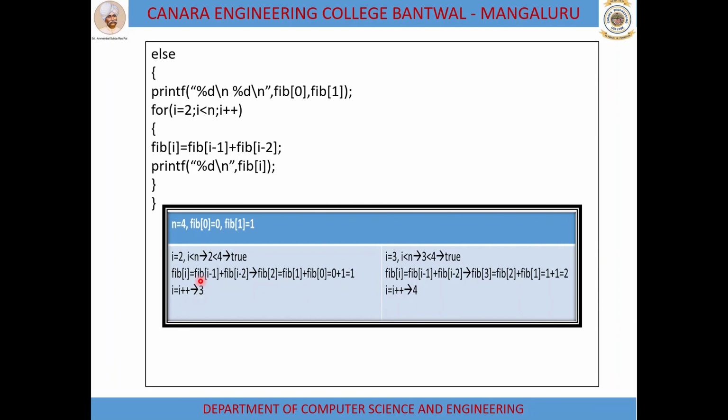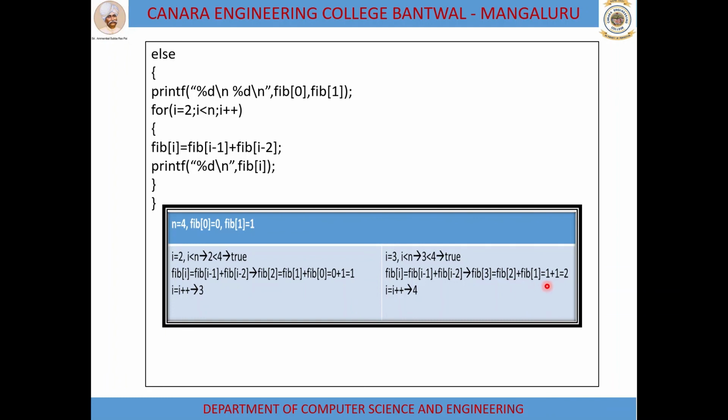Now again control will move back to the for loop. The increment takes place, that is the updation i plus plus. So i was 2, i becomes 3. Now the condition is checked whether 3 is less than 4. The condition is true, so control will come inside the for loop. Now fib[3] equals fib[i-1], that is fib[2], plus fib[i-2], that is fib[1]. fib[2] we have previously computed.